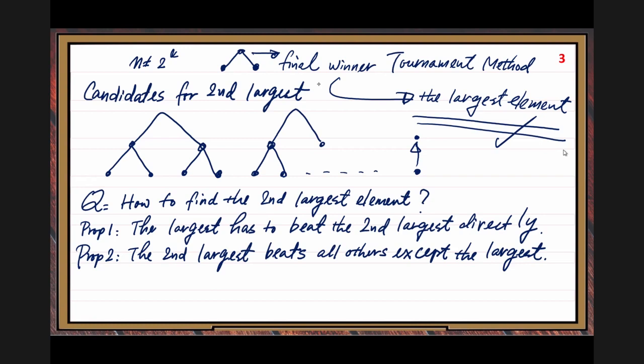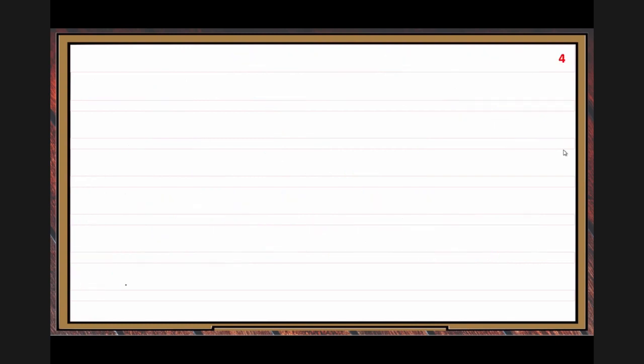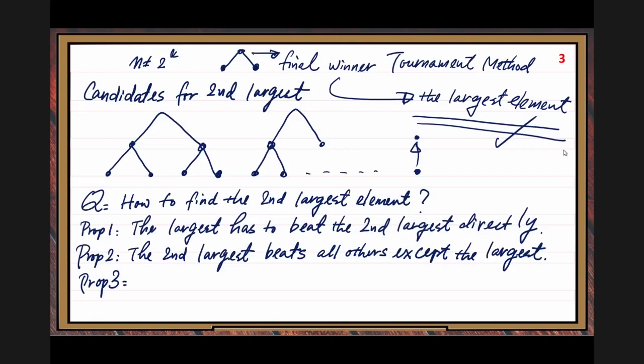Now, the most important observation, probably, we need to find. Probably property 3.